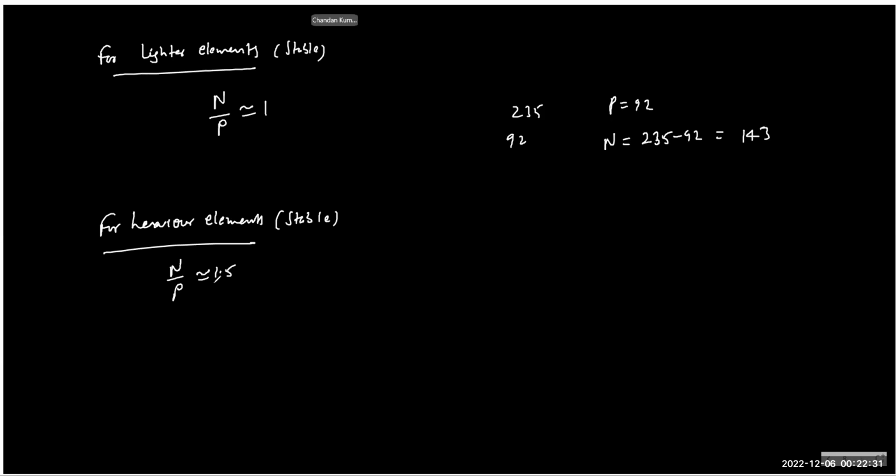So what kind of nuclear transition do you want? Who should convert into what? If the N/P ratio exceeds 1.5, what do you want? To bring it back to the value of 1.5, isn't it? And to bring back the value to 1.5, what kind of change do you want?